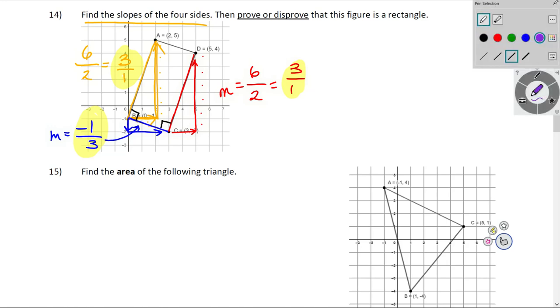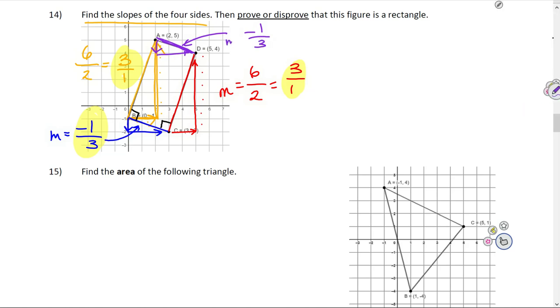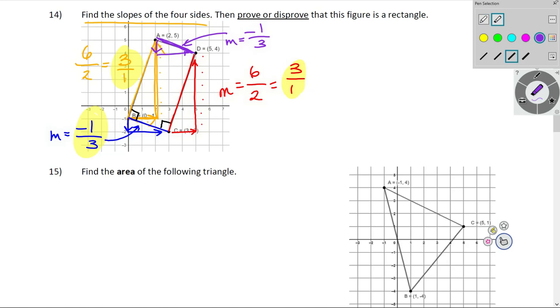So this side, AD, has a slope. Let's see here. If I go down -1 and I run +3, that slope is -1/3. Again, that is a negative reciprocal with both this 3/1 and this 3/1. So the two adjacent sides, this is a right angle and this is a right angle.